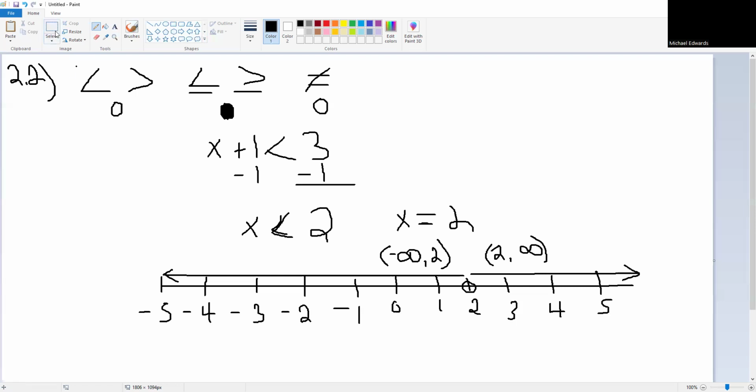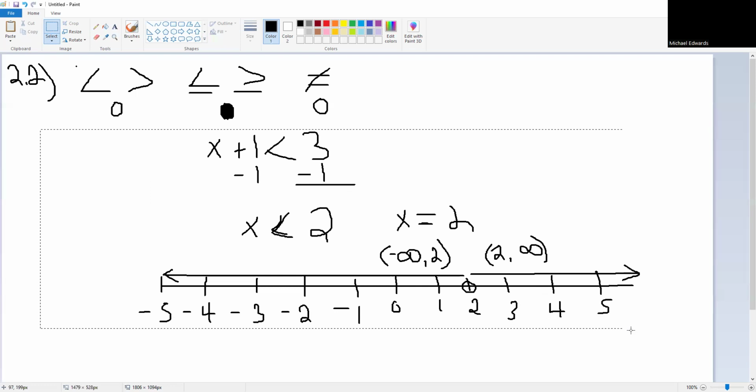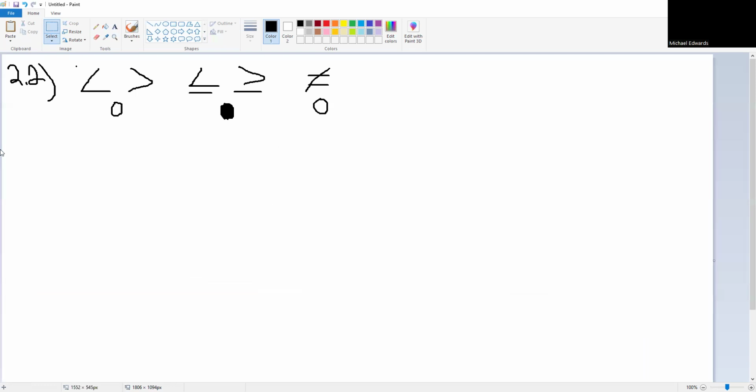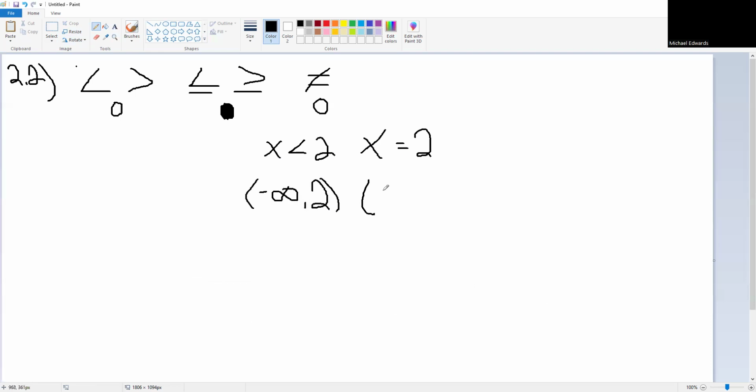So a way we could look at that: we still have our x less than 2 that we solved, and our x equal to 2. The notation for this is negative infinity to 2, and 2 to infinity.